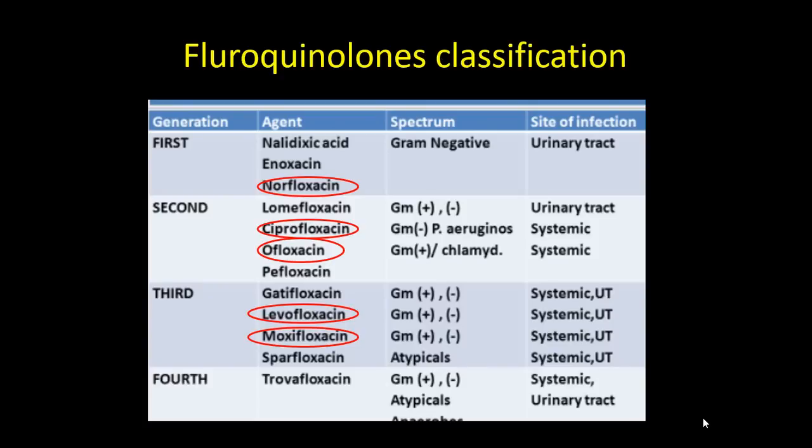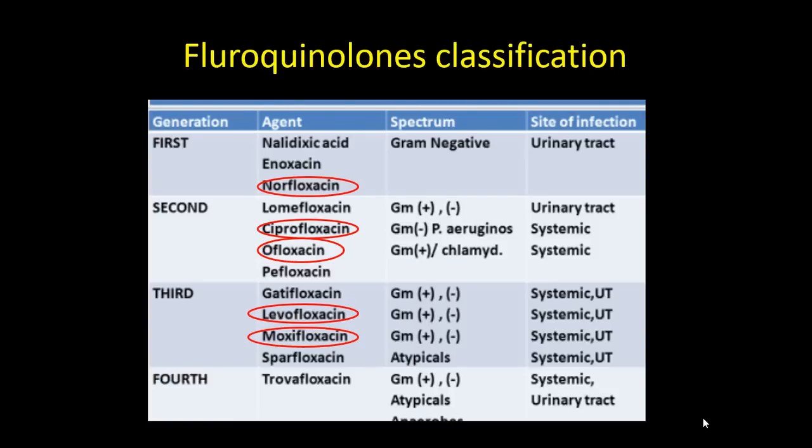And fluoroquinolones. They have extensive coverage, one of the most extensively covering antibiotics, but they have their own side effects. That's why we have limited usage in the ICU setups. They include gram-negative and gram-positive coverage. First generation, norfloxacin and nalidixic acid, have great gram-negative coverage.